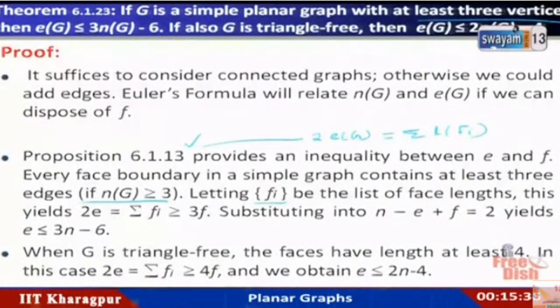If we take the sum of the faces, the degree sum proposition gives 2E is equal to the sum of all face lengths, where the Fi's are all face lengths. Every face has length at least 3 in a simple graph, and f is the total number of faces.